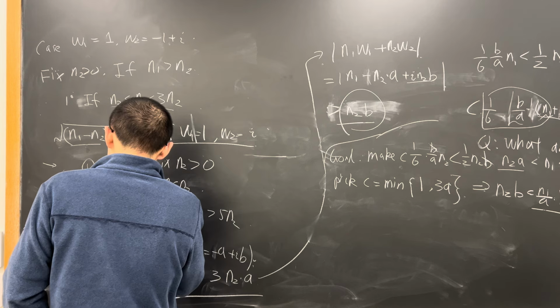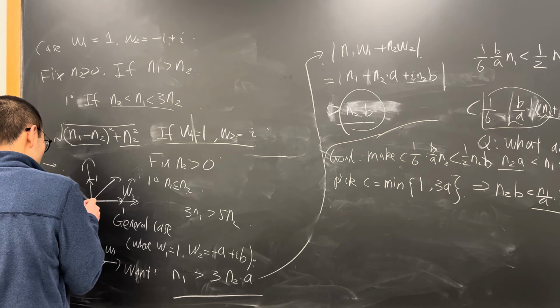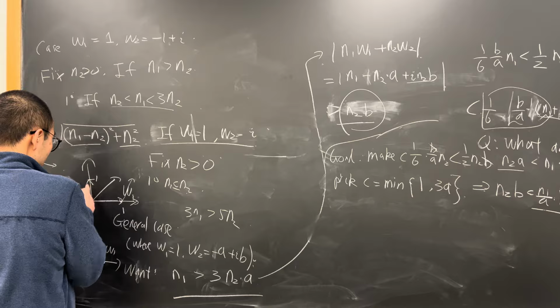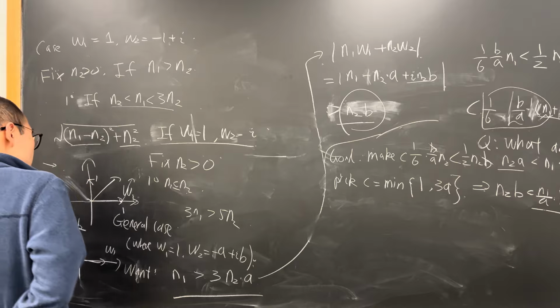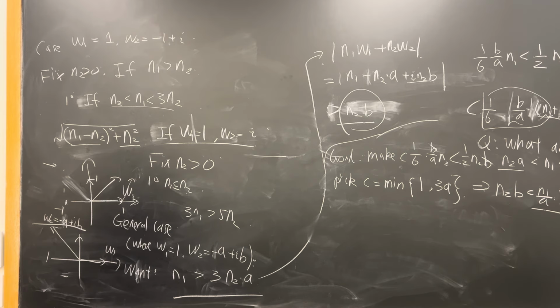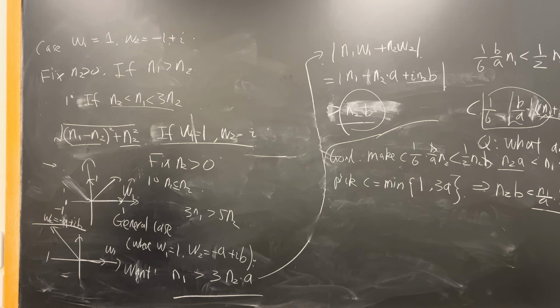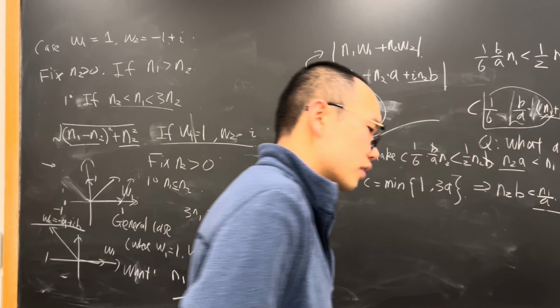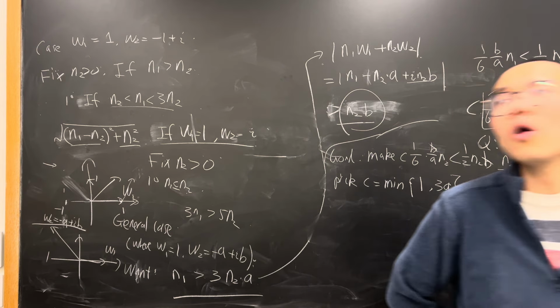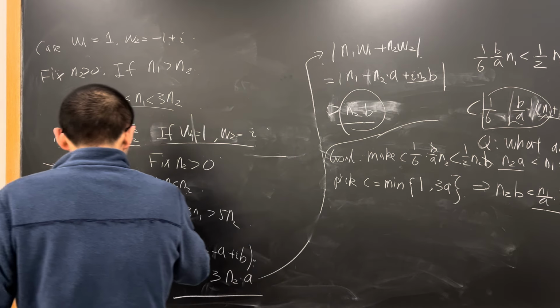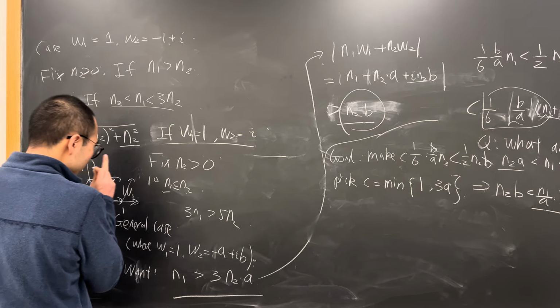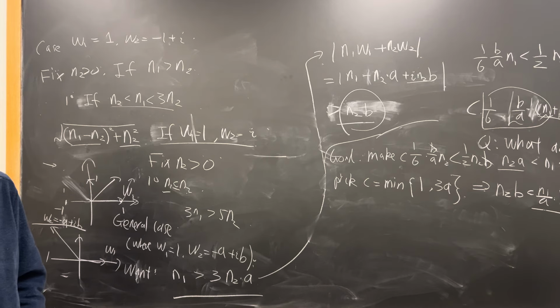So then I think the lower bound will be just n2, right? Then how do we pick the constant? Oh yeah, this n1 is at most n2, right?